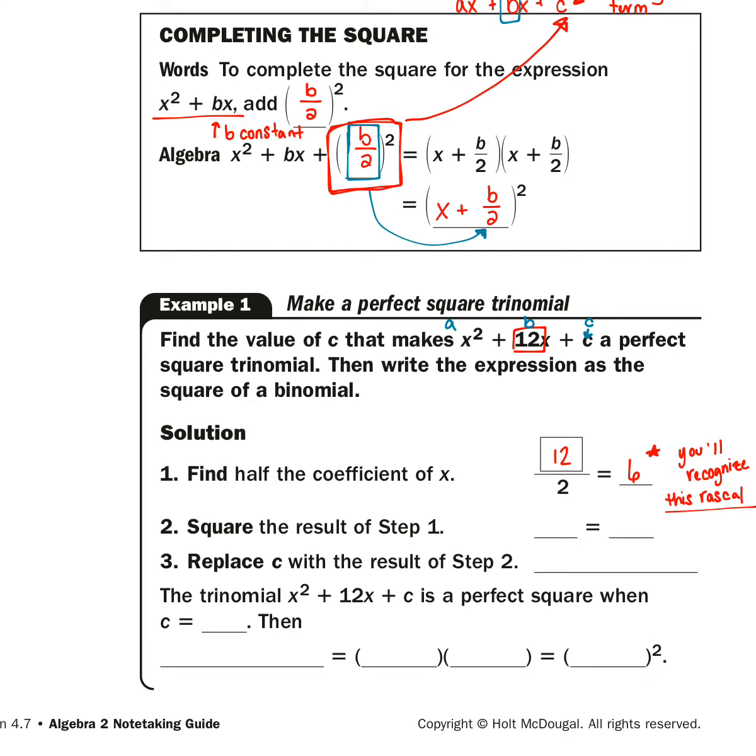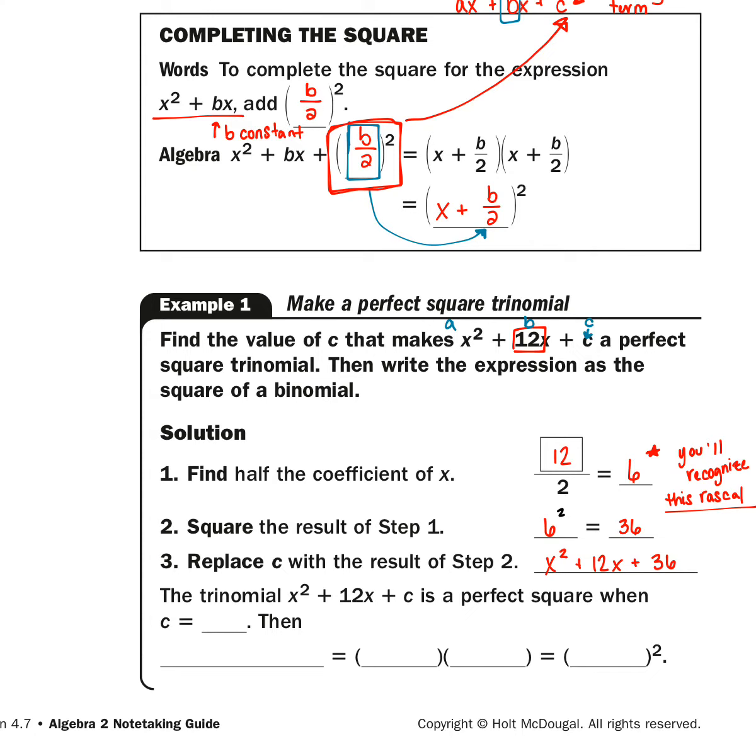So now we're going to take that 6 we just found, and we're going to square it. So 6 squared is 36. Now we're going to take 36 and replace it with c. So now our equation reads x squared plus 12x plus 36.